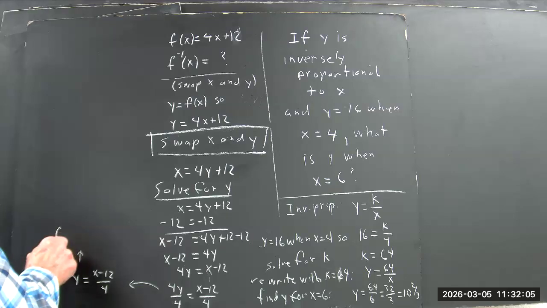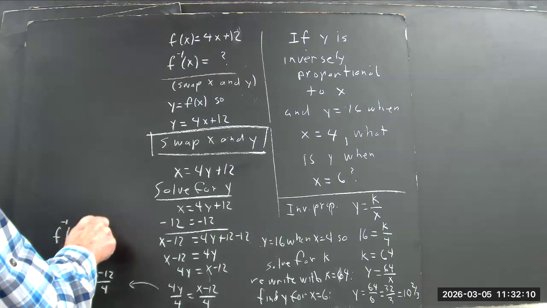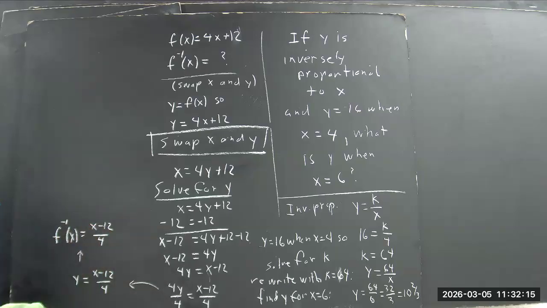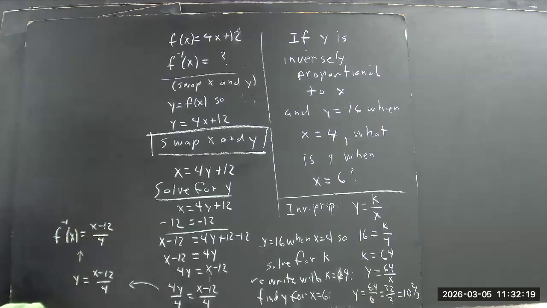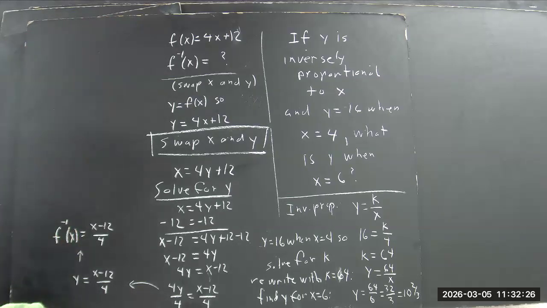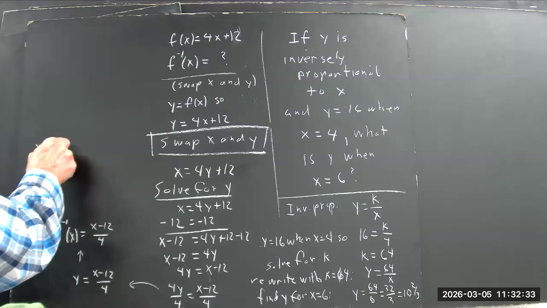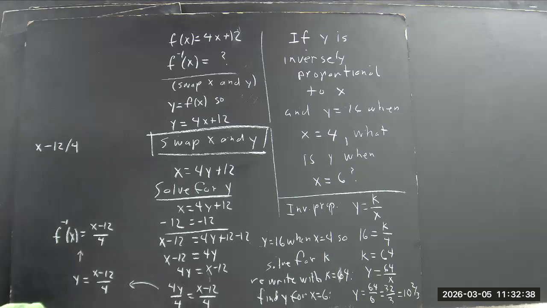So that f inverse of x equals x minus 12 over 4, okay? Now somebody got this problem pretty much right, but entered the answer as x minus 12 over 4, or something like that. Okay?